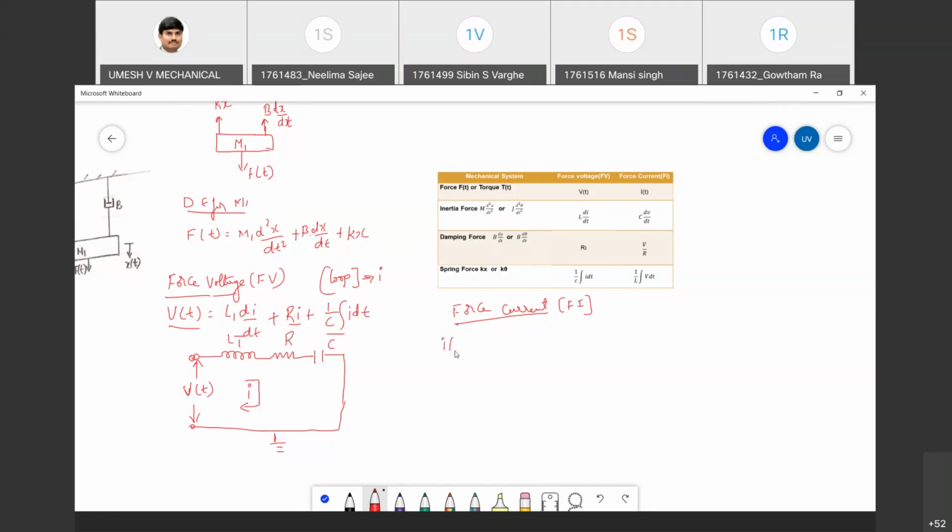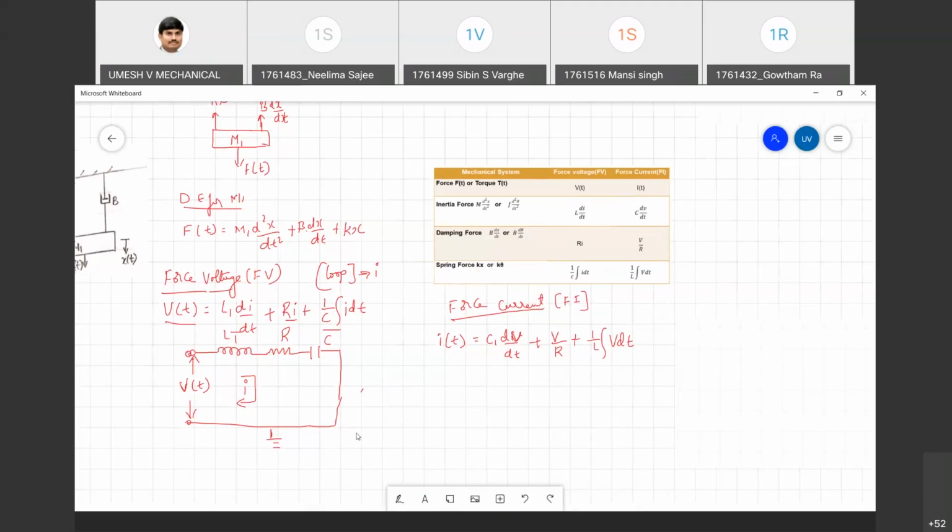Then M equals C1 di by dt, or dV by dt, plus B equals V by R, plus K equals 1 by L integral of V dt. Got it? This is how I have to write the equivalent force current equation.